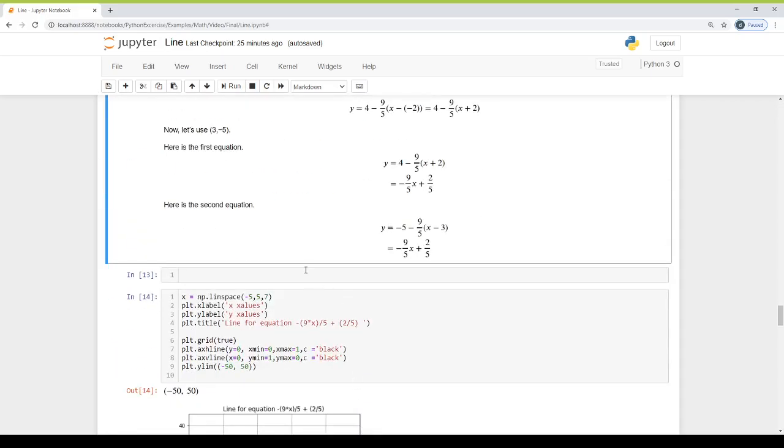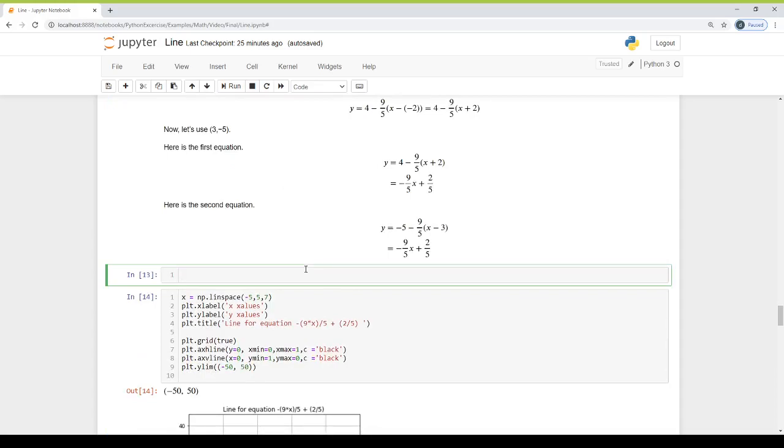Let's do this practically. Define our line function f of x, return minus 9 into x by 5 plus 2 by 5.